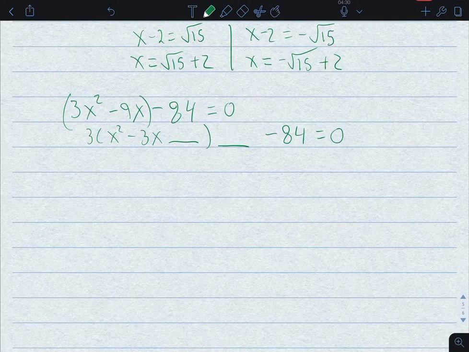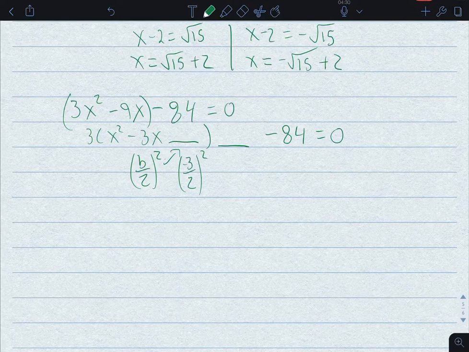So what goes in that blank is b over 2 squared. b is that middle number, so that middle number right here is negative 3. So negative 3 over 2 squared is going to go in that blank.